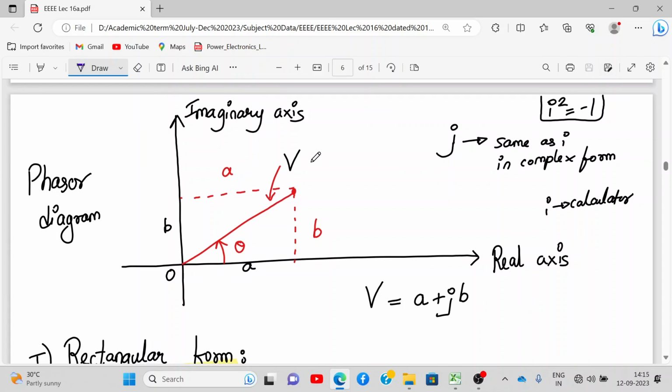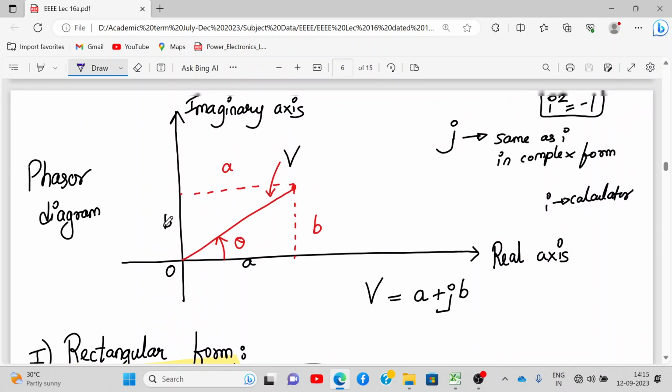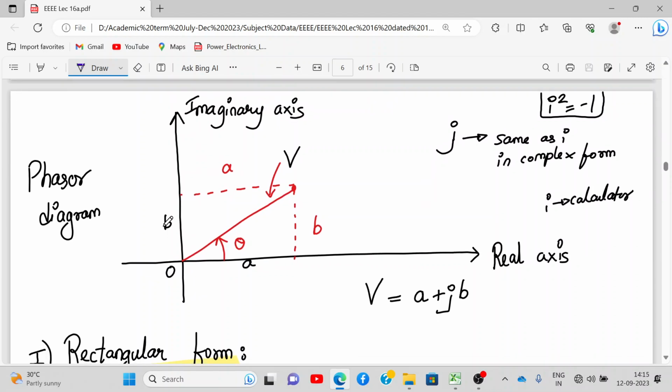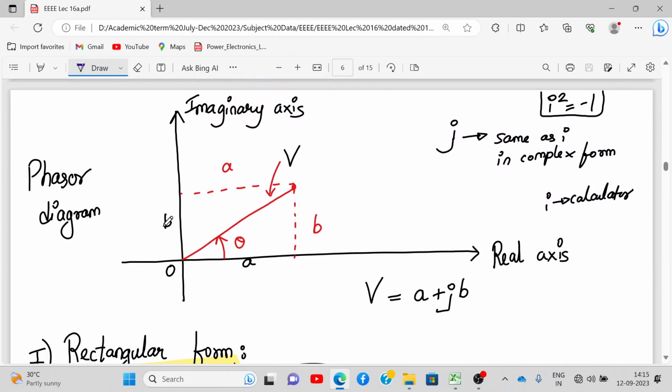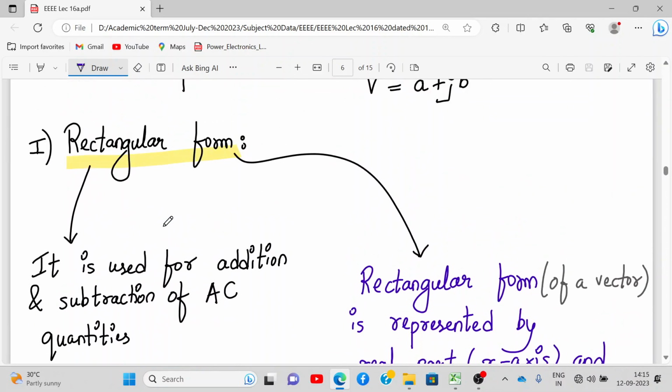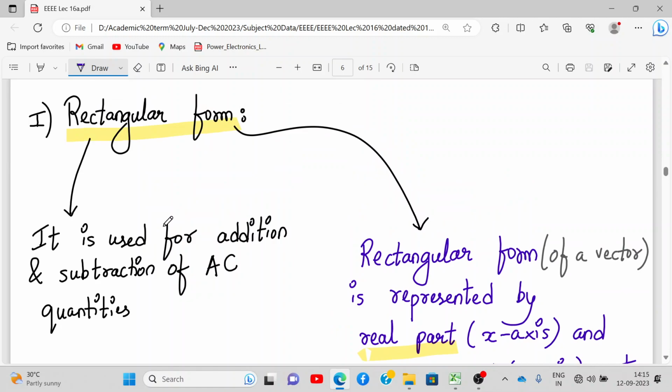Drawn? So this is A, this is B. Please draw it fast. So V is a vector having a phase angle of phi, with x coordinate as A and y coordinate as B. So what is rectangular form? We'll see this later. It is actually used for addition or subtraction of AC quantities.